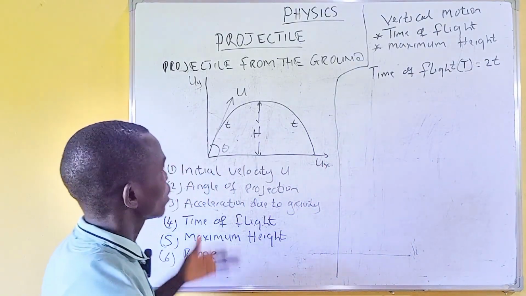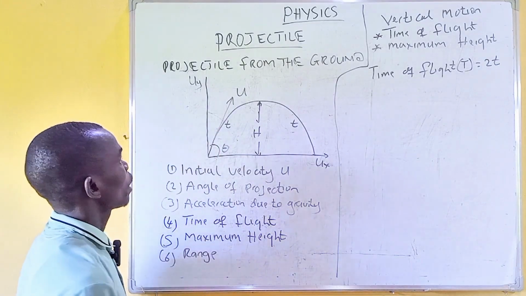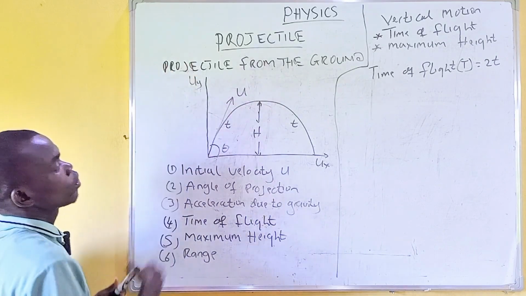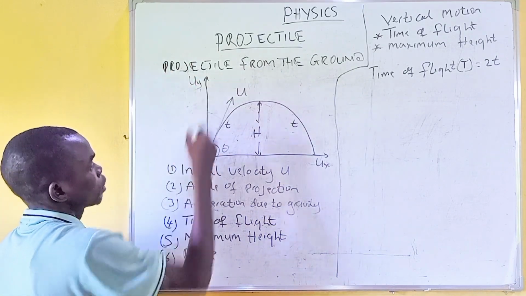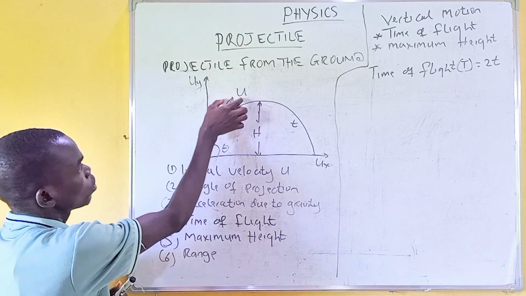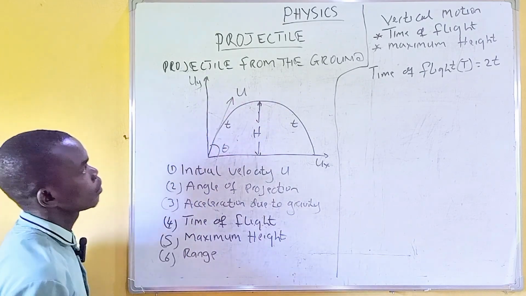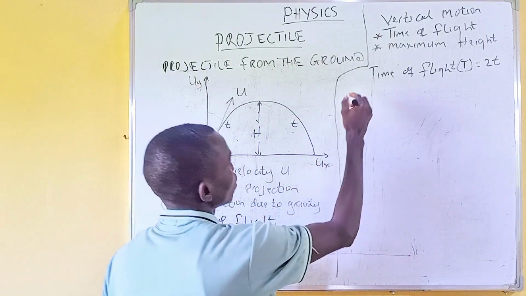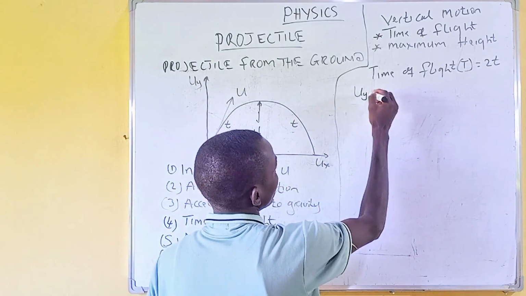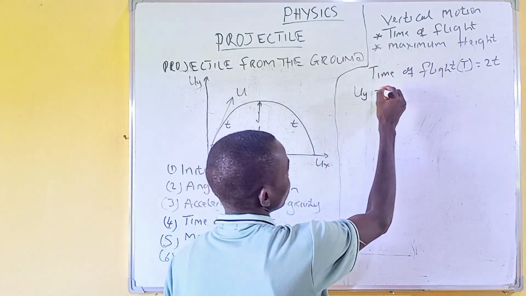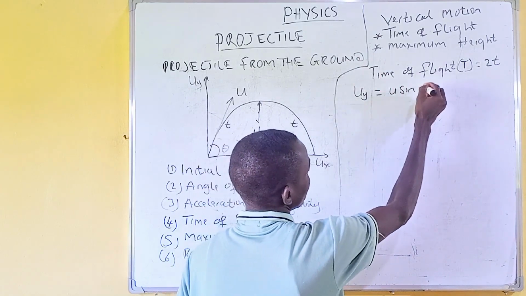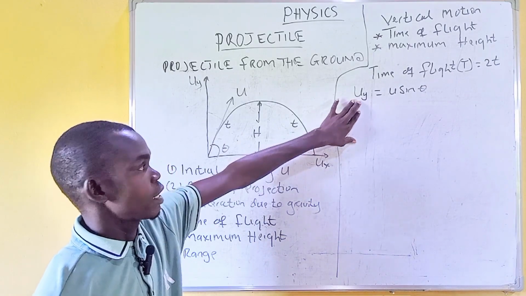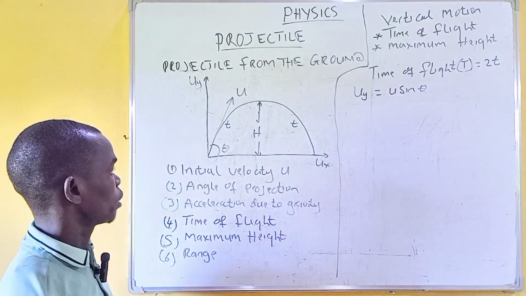So to find the time to reach the maximum height, you will resolve this initial velocity. Since we are considering the vertical component, it will be u sine theta. So the vertical component, u y, is equal to u sine theta. This is what we will use as our initial velocity.